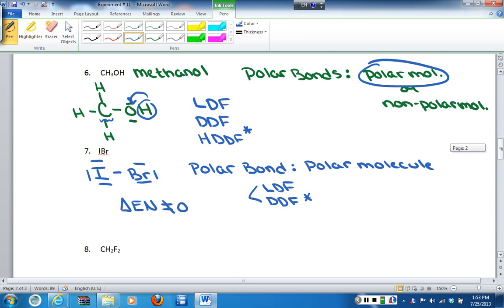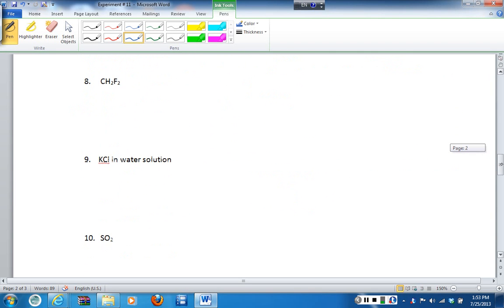All right, if we move on to the next example, we have CH2F2. So if we draw this structure, we see that in looking at this molecule, we have polar bonds because carbon and hydrogen and carbon and fluorine do not have the same electronegativity.